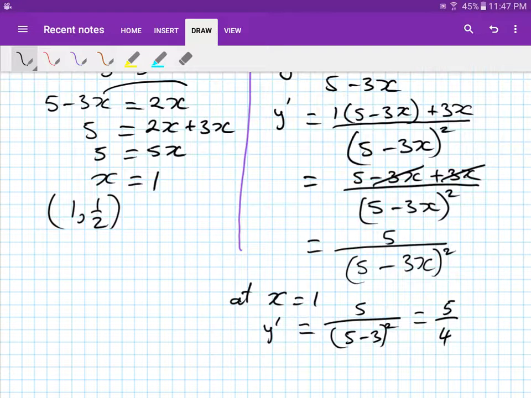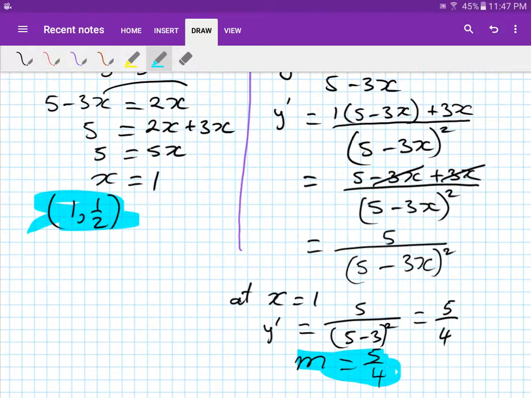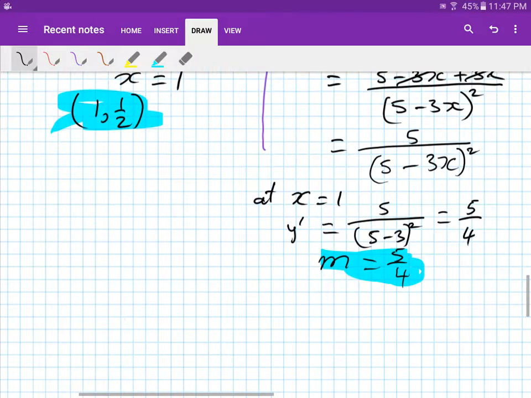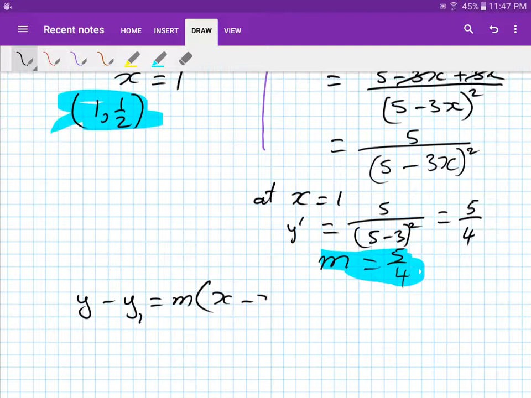Now I've got the gradient and I've got the point. I'll write it down first: m equals 5 over 4. So now I just use the formula to apply this. The rule is y minus y1 equals m, open bracket, x minus x1.